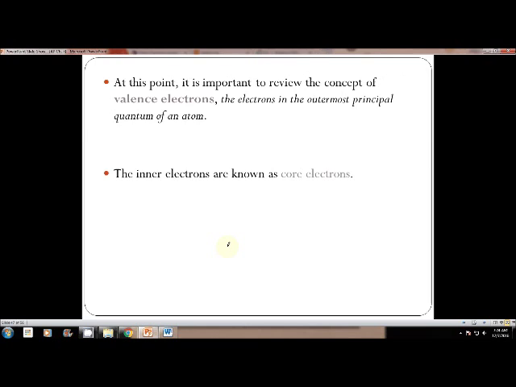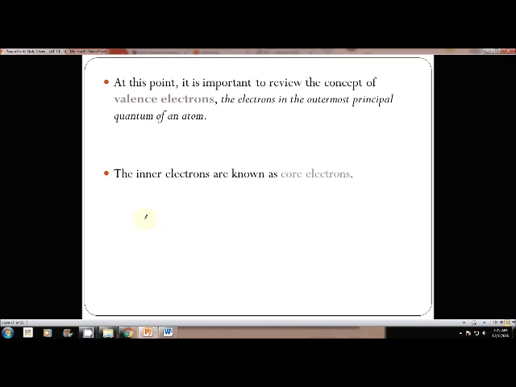At this point, it's important to review the concept of valence electrons, which we're going to talk more about in chapter 8. But valence electrons are the electrons in the outermost principal quantum level of an atom. So if we're looking at an electron configuration, like for example for neon, it was 1s2, 2s2, 2p6.